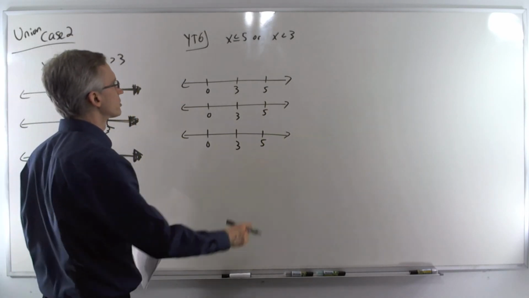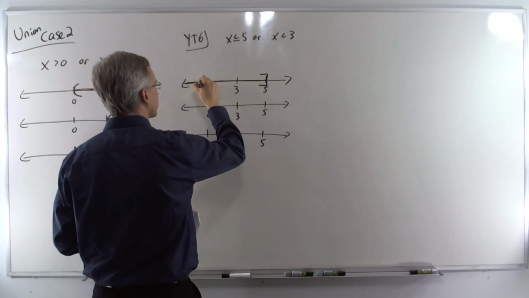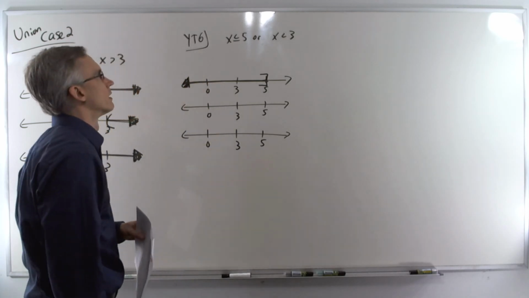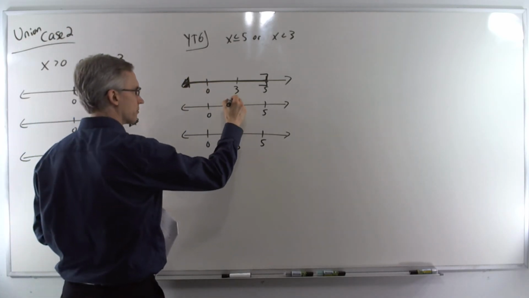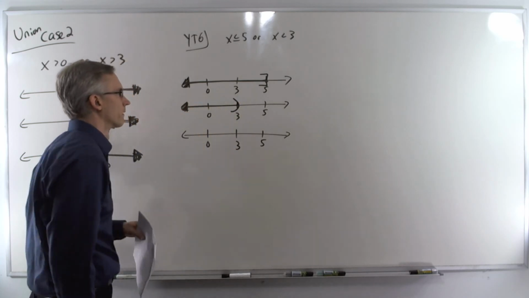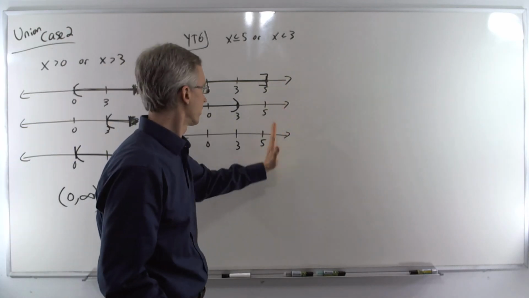So less than or equal to 5, less than or equal to is the bracket, and all the way to the left. X is less than 3, as a parenthesis, all the way to the left. Over here we have no graphs, so we're not going to shade this part.